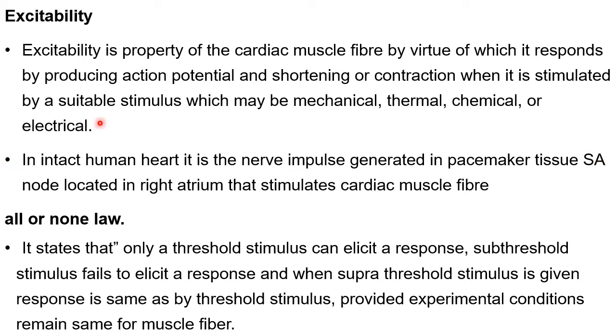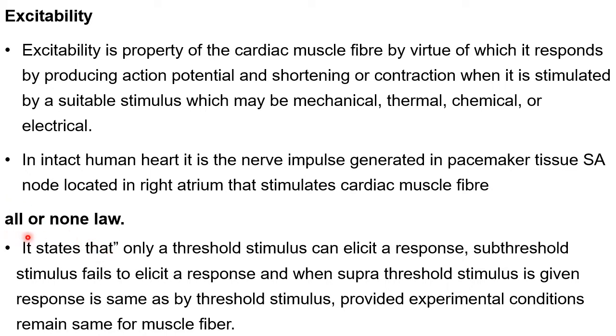Now, as I have stated here, the cardiac myocyte is excitable only if a suitable stimulus is given, which means that it follows the all-or-none law. It responds as a whole or it will not respond at all.